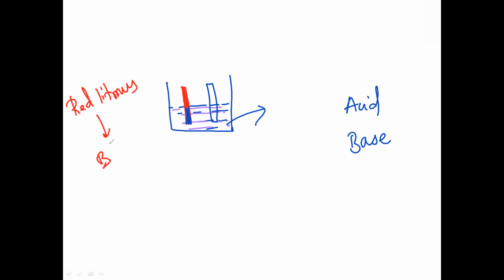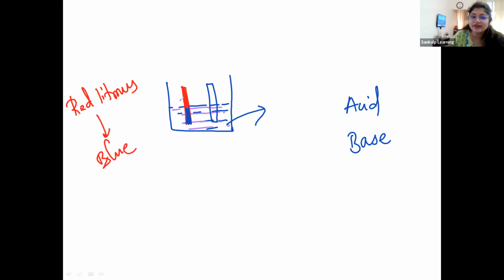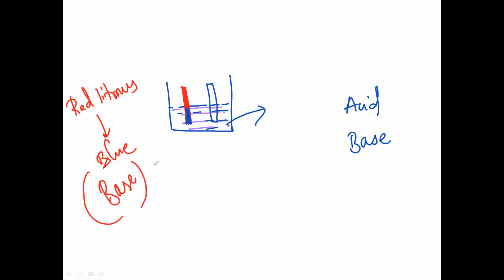If it is converting red litmus into blue, then it will be a base. And if I dip blue litmus in your base solution, it will remain blue only.